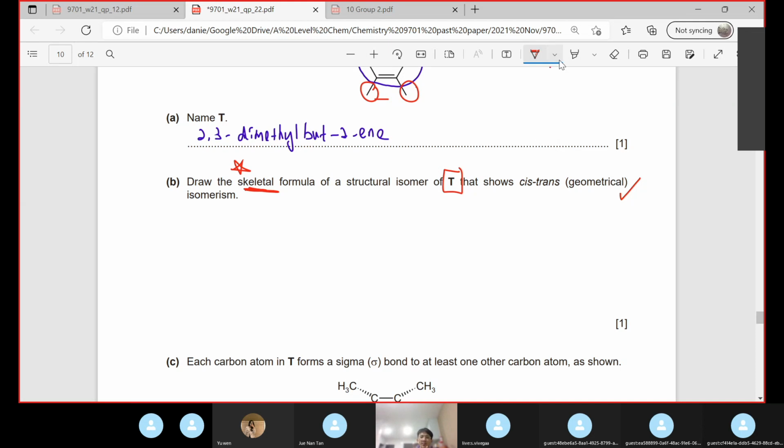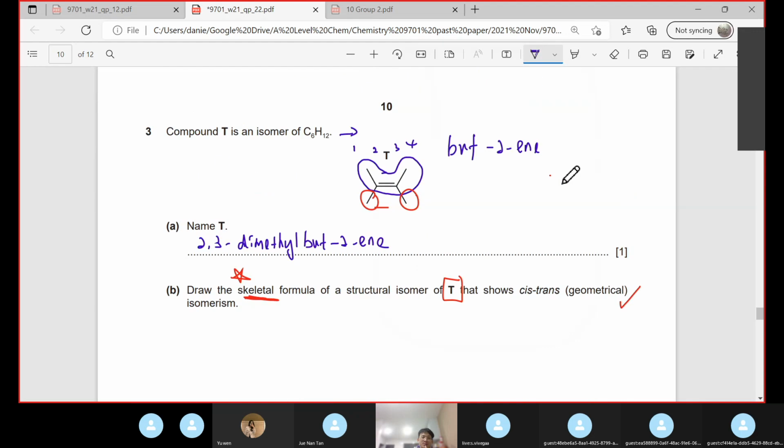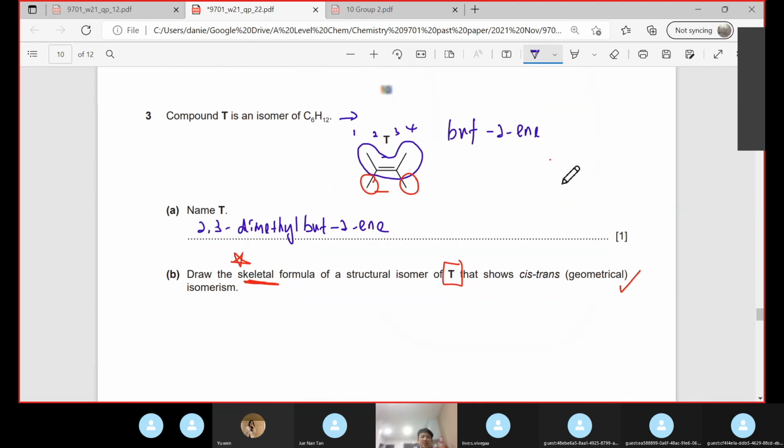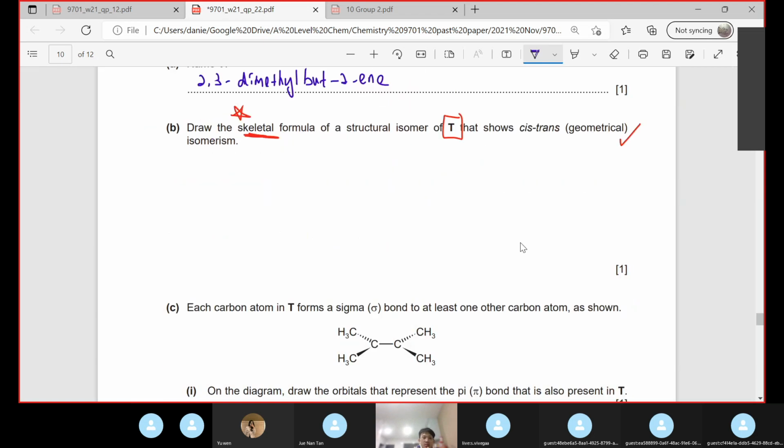So for me, you don't make yourself suffer, as they already told you the molecular formula, C6. So let us make it a straight chain. Simple, right? So 6 carbon. 1, 2, 3, 4, 5, 6.